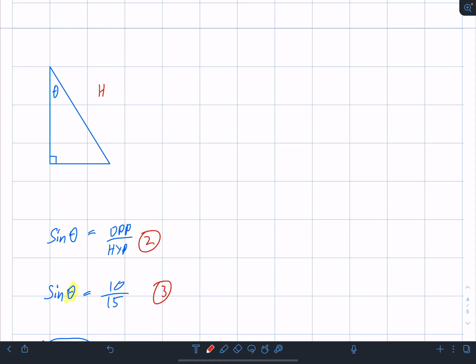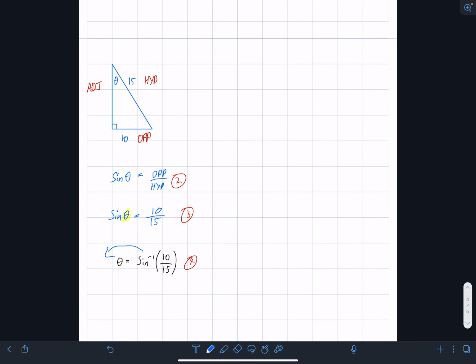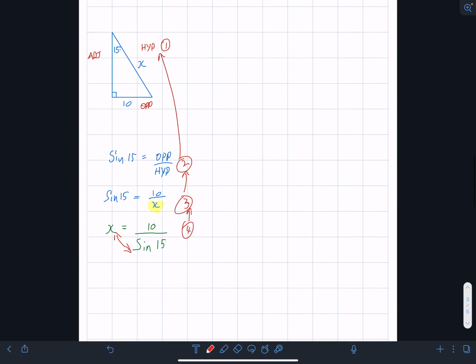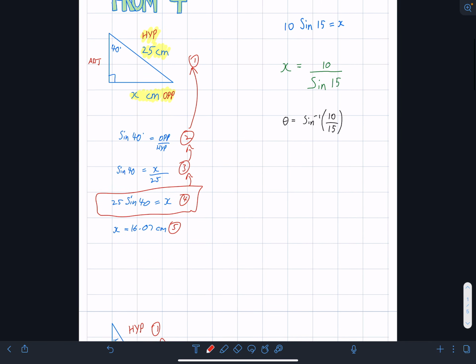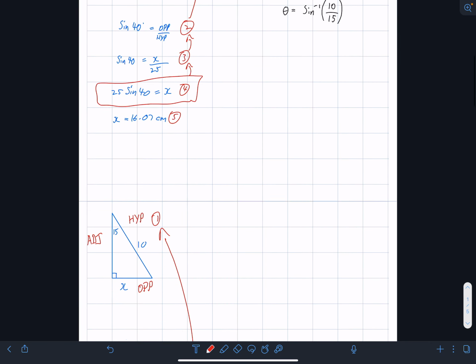So we've got the hypotenuse, the adjacent, and opposite. And then we will fill in the values. So opposite becomes 10 and hypotenuse becomes 15. And so now we have gone from step 4 to step 3 to step 2 and then to step 1. So we've actually done working backwards from 4 for our 3 questions.